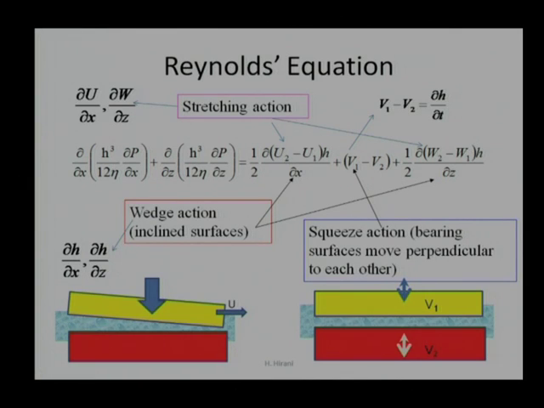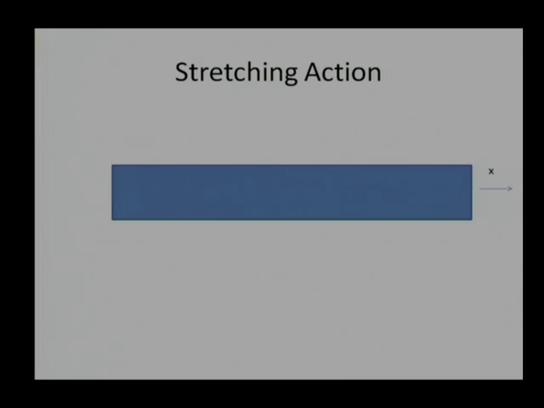To elaborate this stretching term, we have one more slide. Stretching in this case is the stretching action. I am trying to show it with the example of one plate. Say there is a velocity along the x direction, but this velocity is not constant.